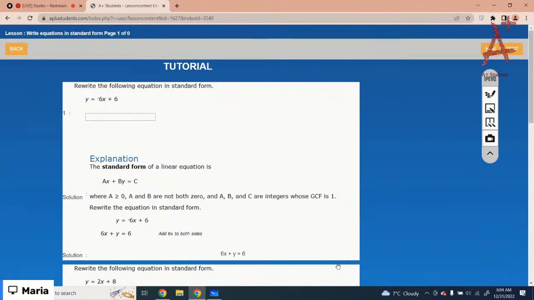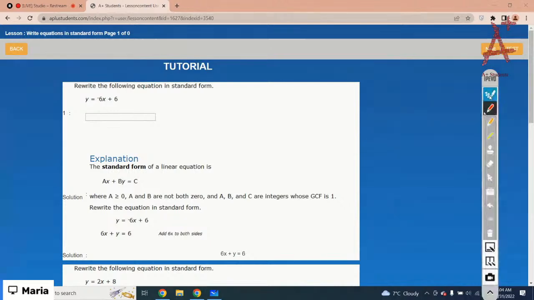Okay, let's start with the example. Y equals negative 6x plus 6. Rewrite the following equation in standard form. So basically we have to write the given equation in the standard form. Got it? So first of all, we're going to learn what is the standard form of the linear equation.